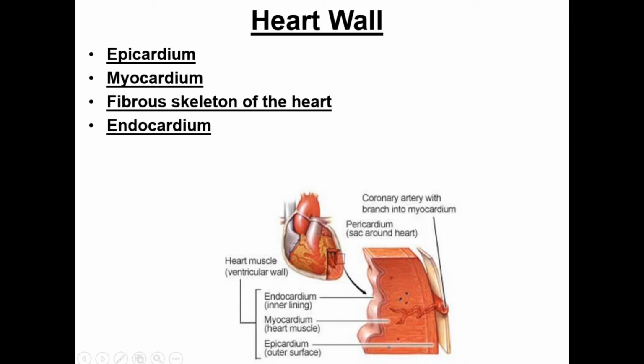The fibrous skeleton of the heart is a crisscrossing, interlacing layer of connective tissue. The heart, histologically, has intercalated discs.